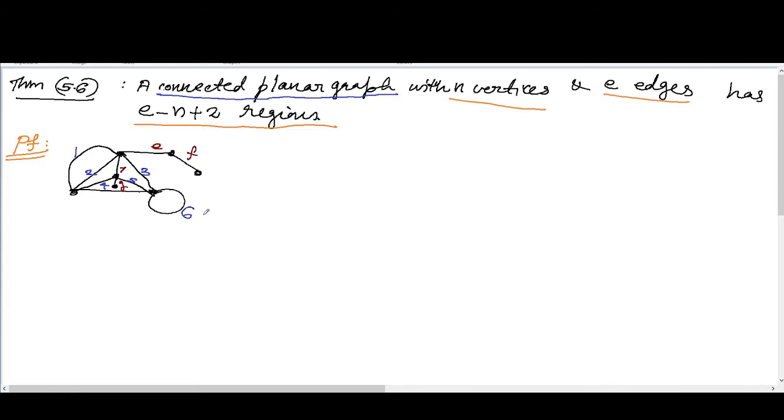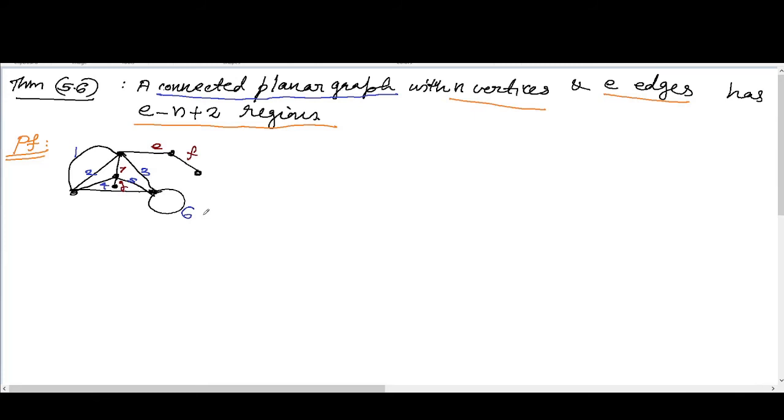Since any simple planar graph can have a plane representation such that each edge is a straight line, any planar graph can be drawn such that each region is a polygon.